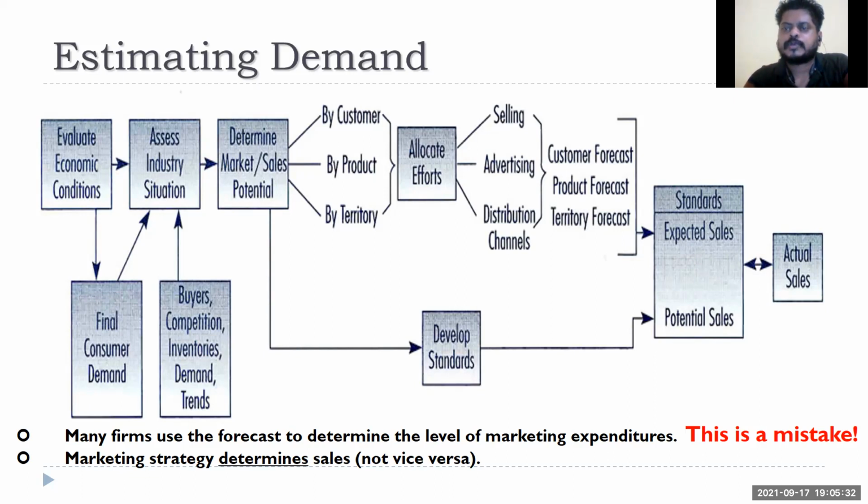If my marketing expenses depend upon my revenue, then obviously my marketing expenses will go down. If some year I have excellent revenue, my marketing expenses will suddenly increase. If I go by that thumb rule, and believe me, many companies do that, 2% of your sales or revenue will be put on promotions, which is a silly rule.